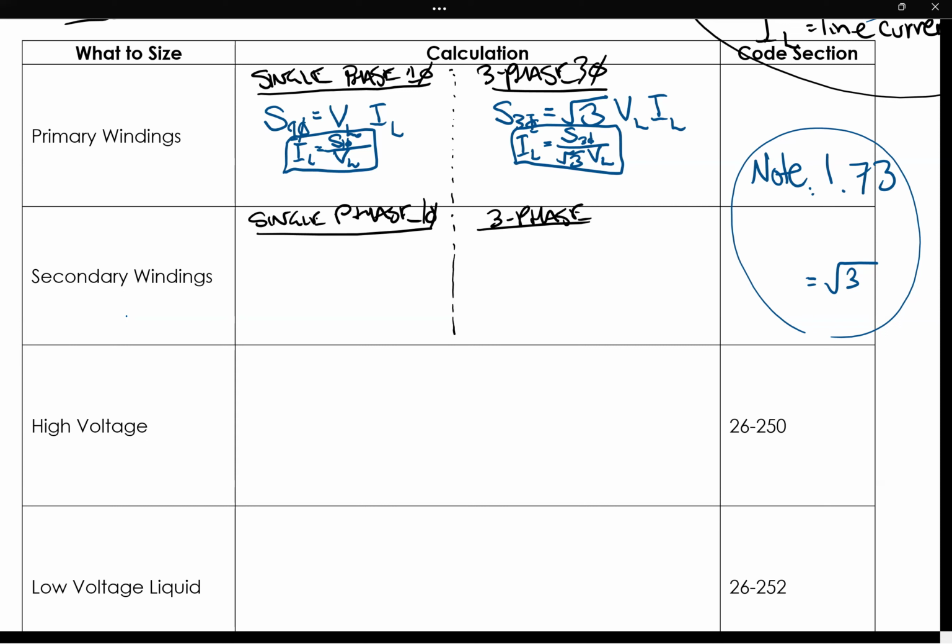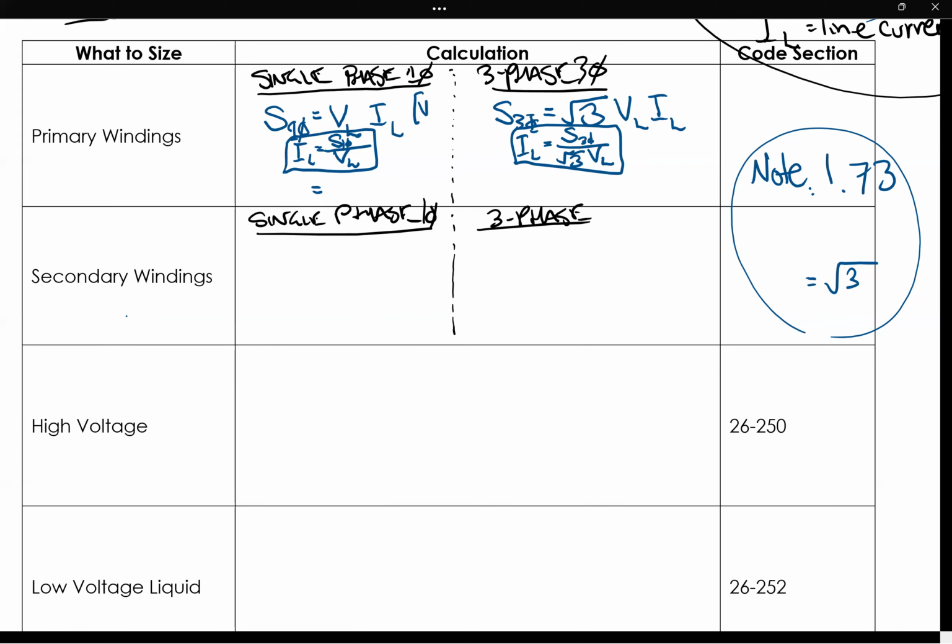Now, what this is going to look like to you when you're doing the equation is that you're probably going to get your question in kilovolt amps, and this equation only works in volt amps. In order for this to come out as amps, S has to be in volt amps.